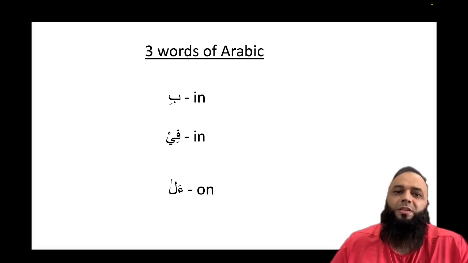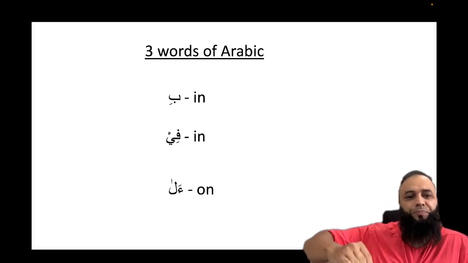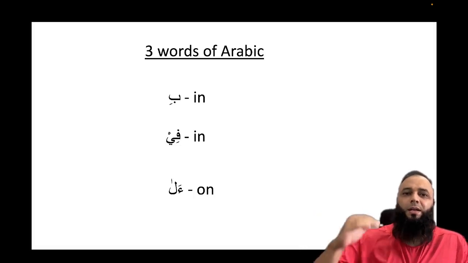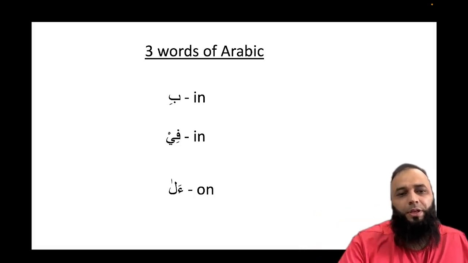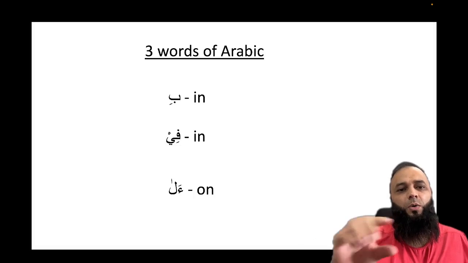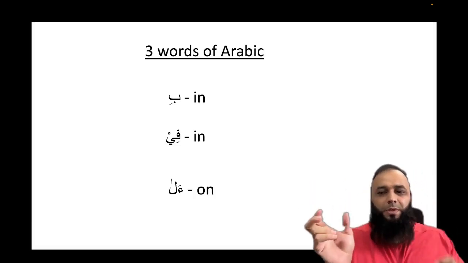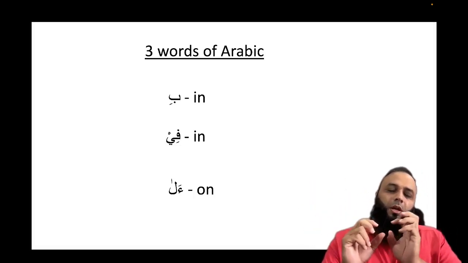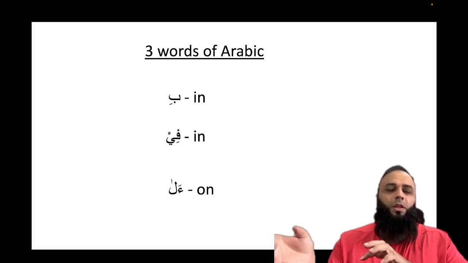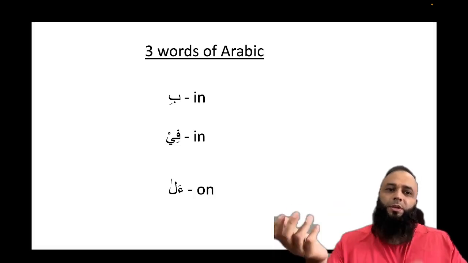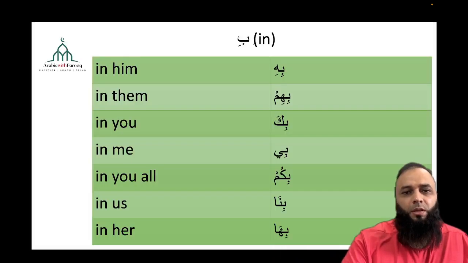But in general, fi is the one that's used more for the word in, and ala, which means on, right? So let's start and see how we can conjugate or mix these words to say in him, in them, in you, in me, like that, right?